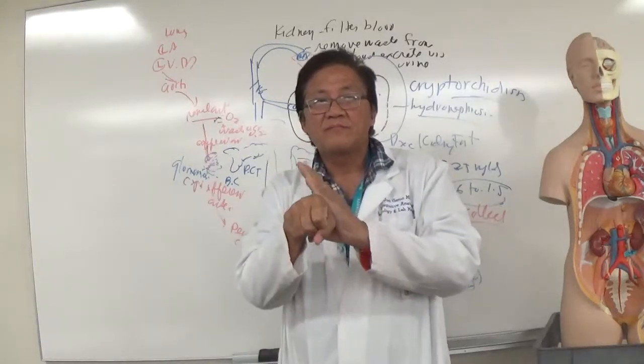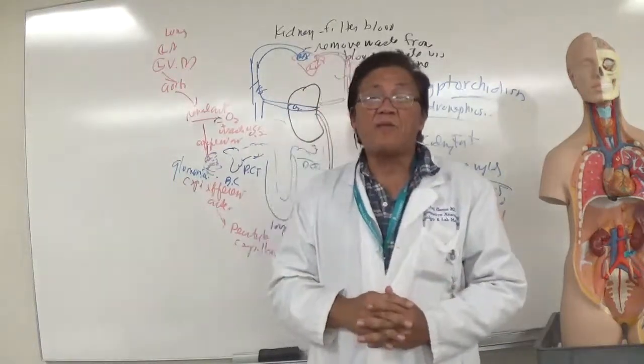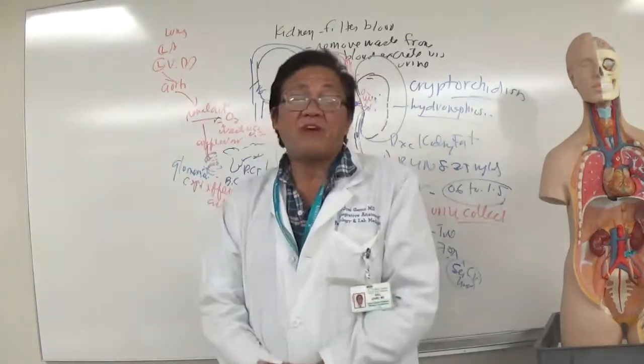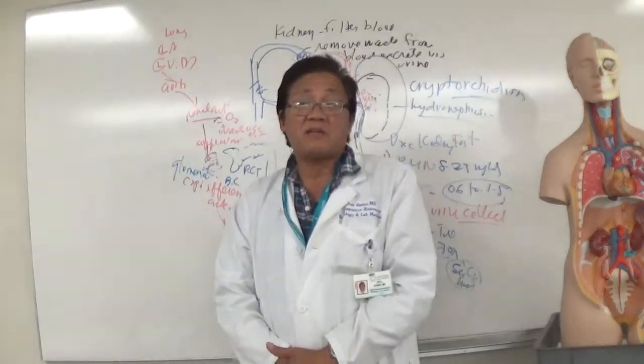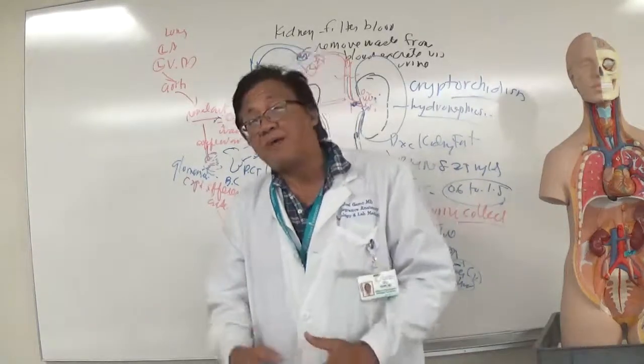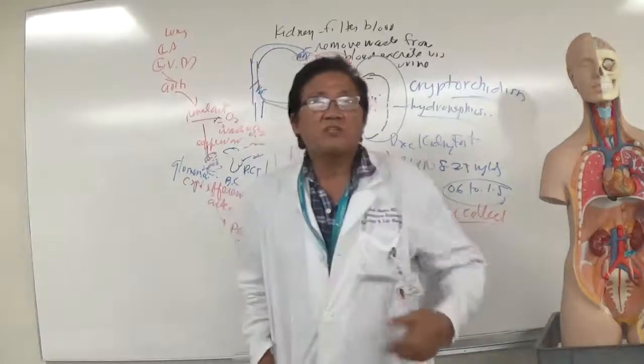In severe prolapse, the uterus comes out of the vagina. I've seen it in many patients in the government health facility where I train, and we had to put it back. That's uterine prolapse.